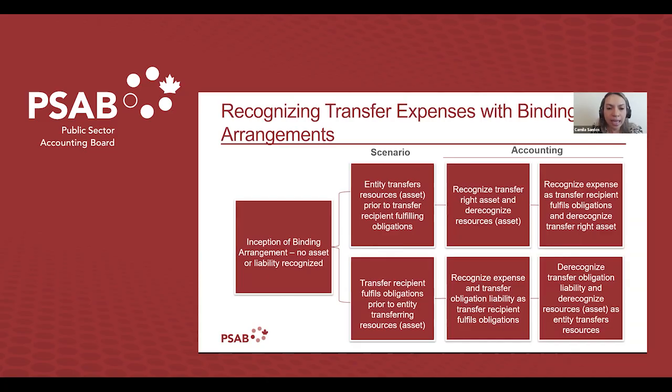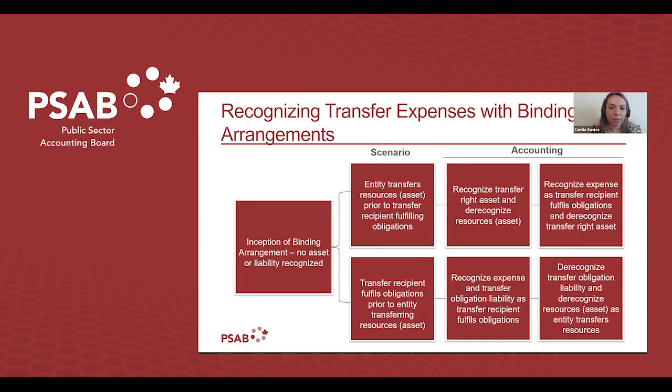One, the entity has not yet paid and is not yet obligated to pay any consideration to the transfer recipient for the transfer recipient satisfying any of its compliance obligations in the binding arrangement. And two, the transfer recipient has not started to satisfy any of its compliance obligations in the binding arrangement.